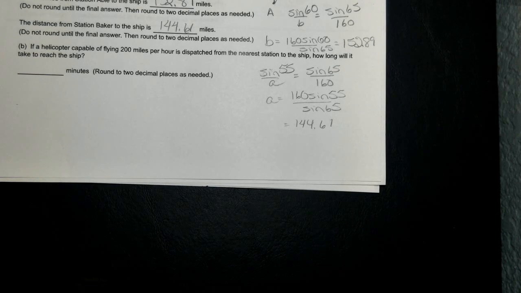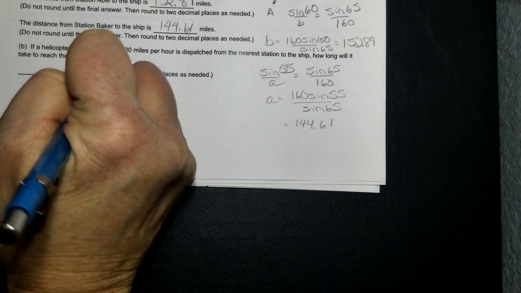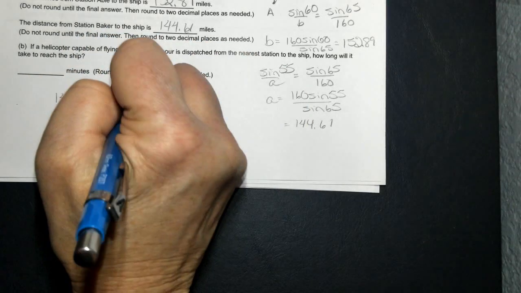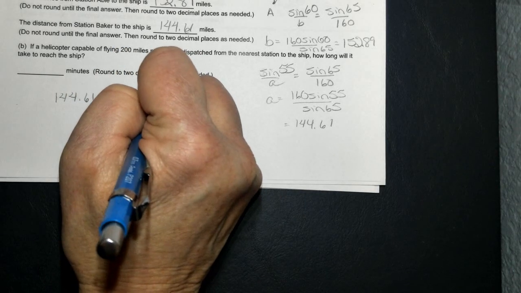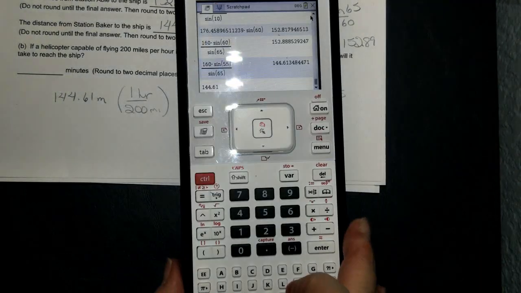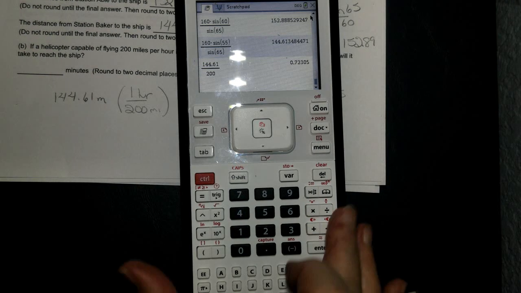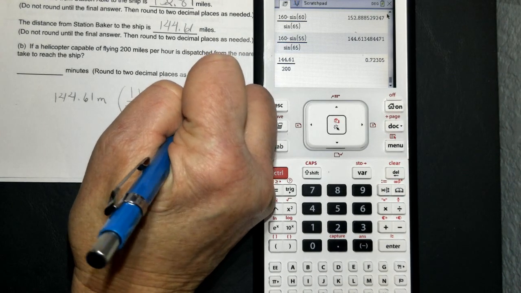And so the last question is, if a helicopter capable of flying 200 miles an hour is sent from the nearest station, which would be Baker, how long will it take to reach it? So we have 144.61 miles, and we're traveling at 1 hour per 200 miles. So 144.61 divided by 200 equals 0.723. But that's not in minutes, that's in tenths of an hour.